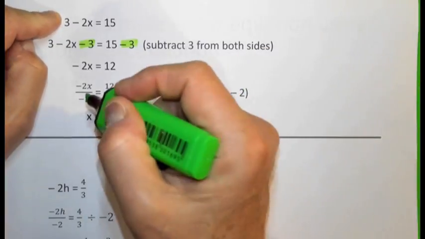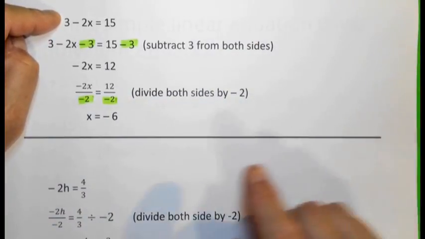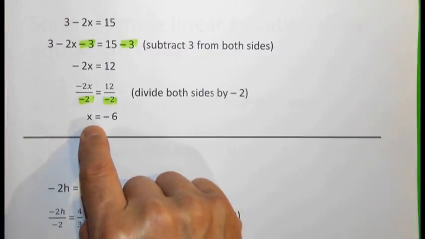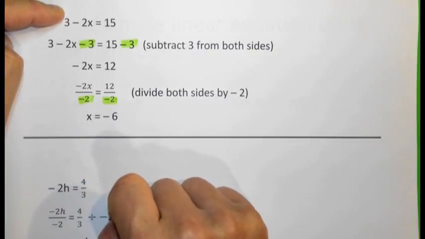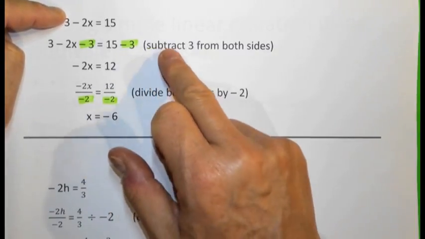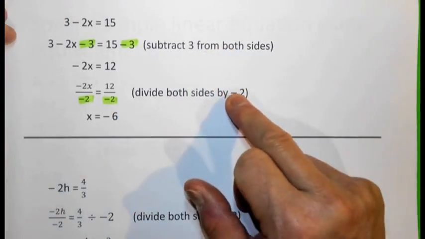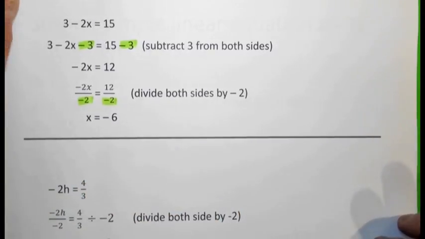Then we divide both sides by minus 2. Doing that, what we get is x equals minus 6. So by manipulating this equation, first subtracting 3 from both sides, and then dividing both sides by minus 2, we can solve that equation.